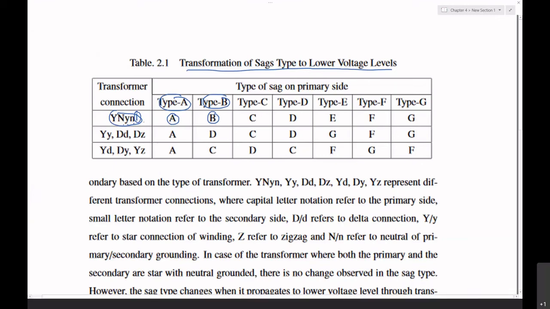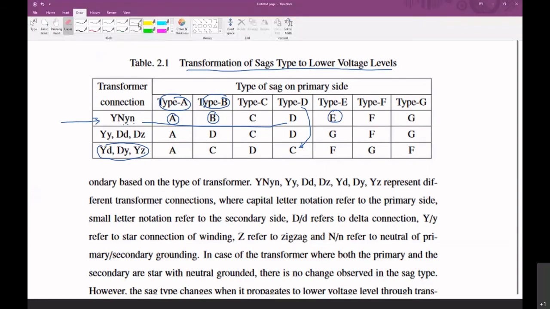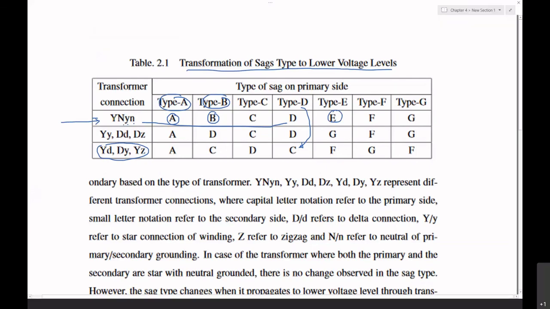Type D, with respect to this transformer, you have a type D. If you take this YD and DY, the type D fault has been transformed to the type C. Even the type E fault over here, for this particular YYN1 transformer, especially, these are all not going to change the type of the fault.